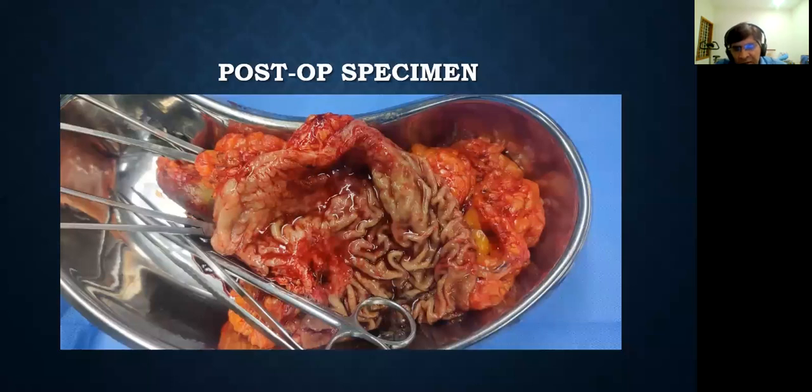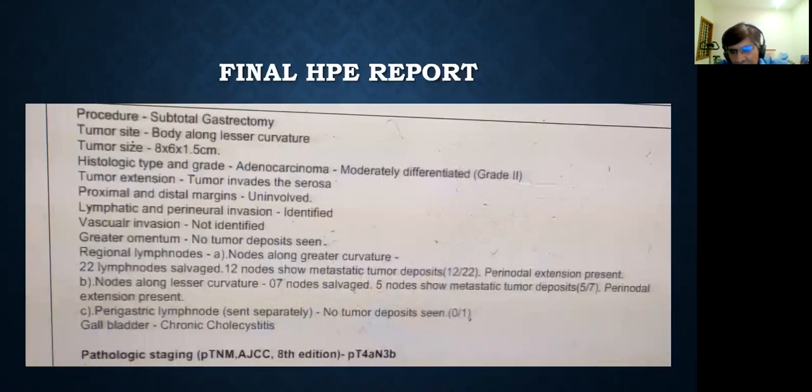It will come in stage 2, sir, because N1 is 1 to 2, N2 is 3 to 6, N3a is 7 to 15, and N3b is 16 or more. So in this patient, we got around 12 nodes positive along the greater curvature and 7. So he falls in the category N3b, sir.